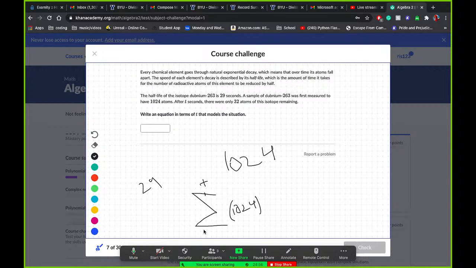Wait, what am I doing? I don't understand what I'm doing. Okay, so t is the number of seconds. So this is t, and so a n is equal to 32. Actually, no. t would be 1. I don't know what I'm doing.